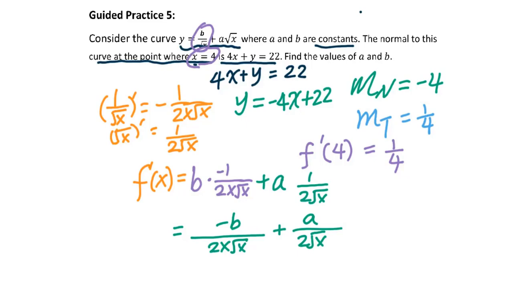Then you multiply by x top and bottom so that you get the same denominator. That is 2x square root of x, and ax minus b.